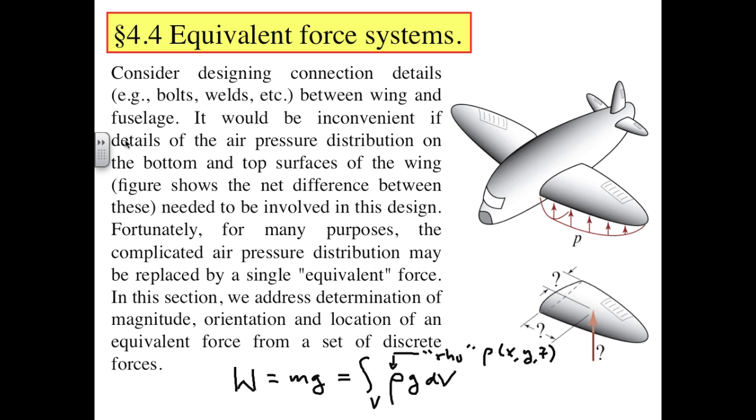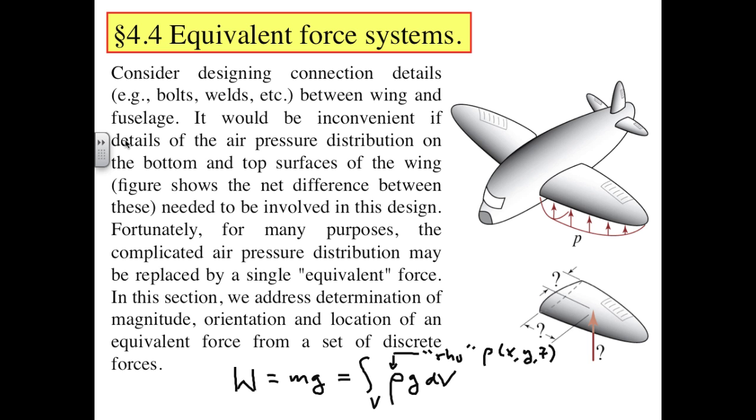As this figure suggests, the lift an airplane wing experiences is the result of differential pressure between its lower, higher pressure, and upper, lower pressure surfaces. If we had to make every engineering decision by tracking every detail of a distributed force, it would make our jobs quite tedious.